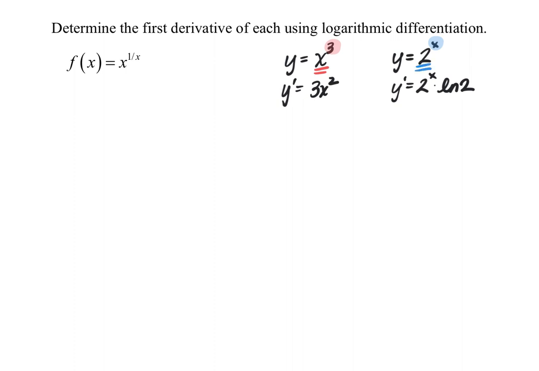Here is base 2. And if we look at our equation, f of x equals x to the 1/x power, the base here is a variable. So even though we have a variable in the exponent, we have a variable in the base as well. And so that's why we cannot use the power rule, and we cannot use our exponential rule either for derivatives. For this crazy equation here, x to the 1/x power, we are essentially stuck.